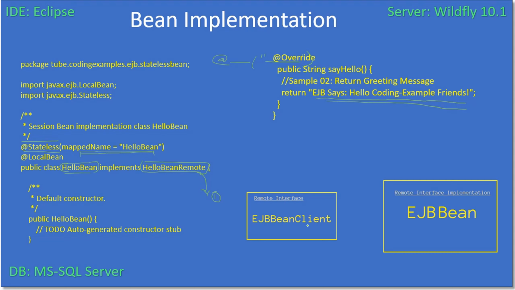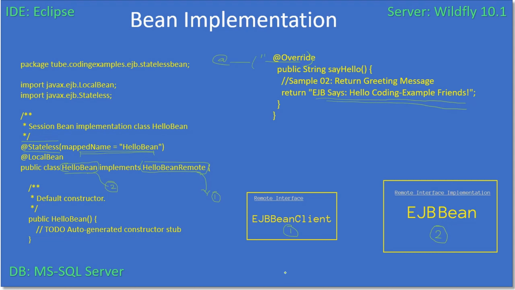In that there is a project called Hello Bean client. When we created the EJB Bean project, at that time itself we asked it to create the client also. Then in that client we created this interface, Hello Bean remote. Then we have the implementation class that implements the Hello Bean remote, and that implementation class is defined inside a different project, the EJB Bean project.